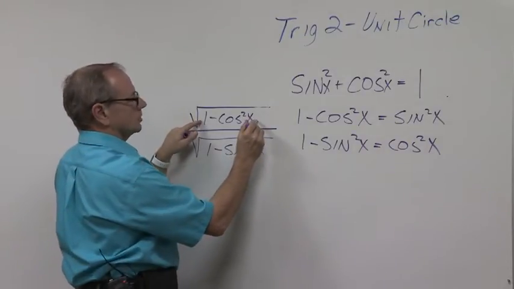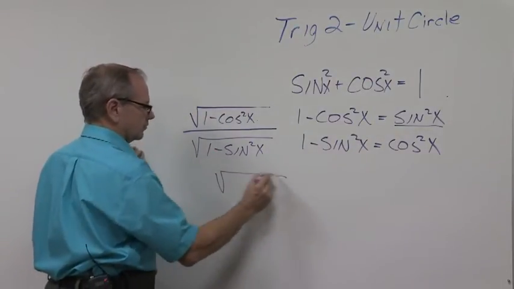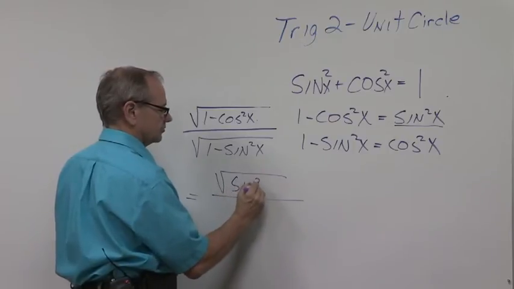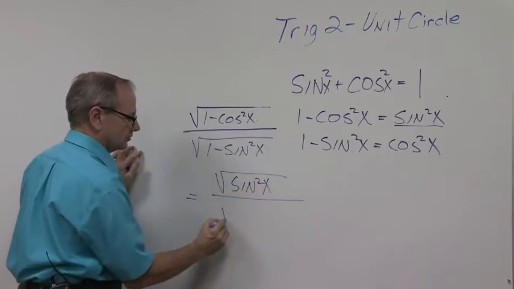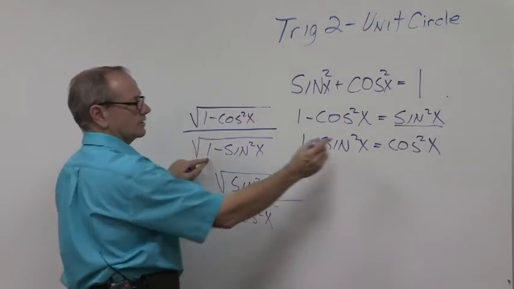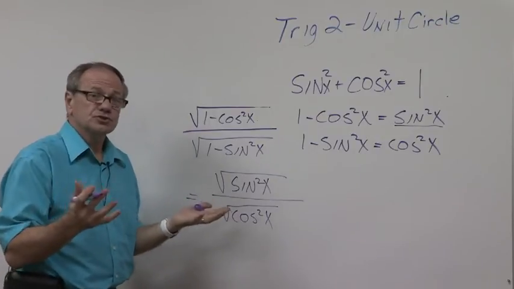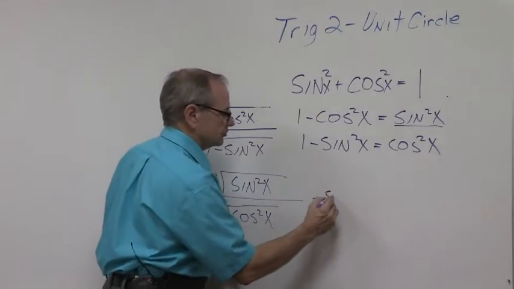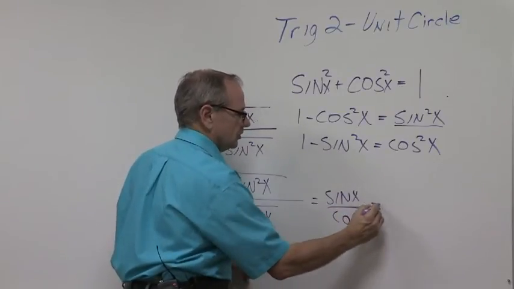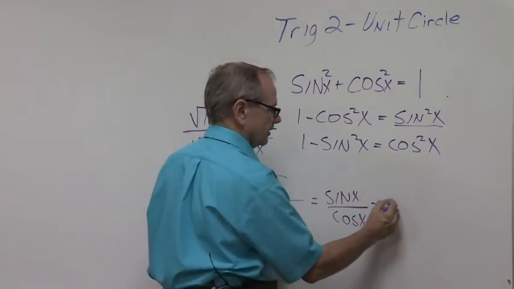Remembering this, 1 minus cosine squared becomes sine squared. So we simply substitute, and we get that this is equal to the square root of sine squared x over the square root of cosine squared x, because 1 minus sine squared is the cosine squared. Well, now the square root of something squared is just the same thing back, so it's just equal to sine x divided by cosine x, which they want you to remember is tangent x, like we covered in the last video.